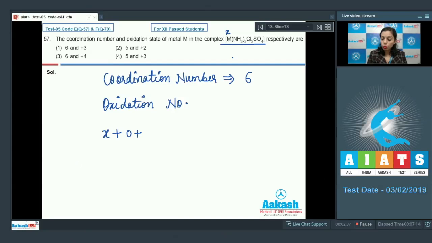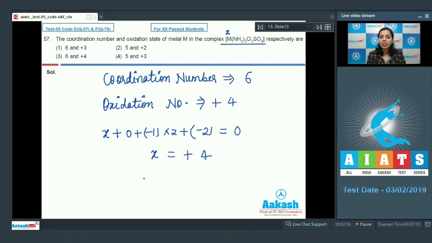Further, Cl2 means minus 1 into 2, plus minus 2 for sulfate ion. And the sum is 0. Now, X would be equal to plus 4. It means the oxidation number that you can write here is plus 4. Now where these two are given here in option 3, and that's why option 3 is correct for this particular question.